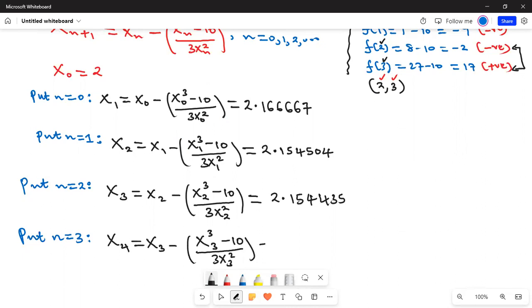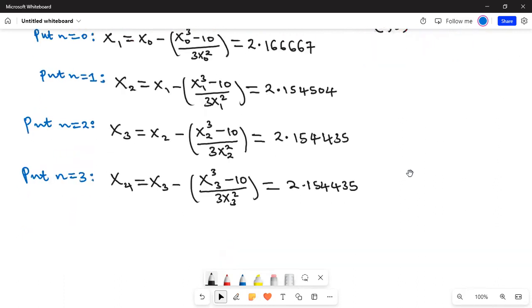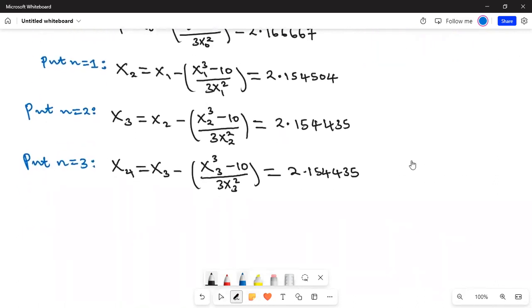When you press this in your calculator, you need to get 2.15435. So if you look at the value at x3 and x4, they are the same. So even if I proceed with x5, x6, etc., I'm going to get the same value. So our iterative formula has converged to a common value, which is 2.154435. So therefore, that is our answer.